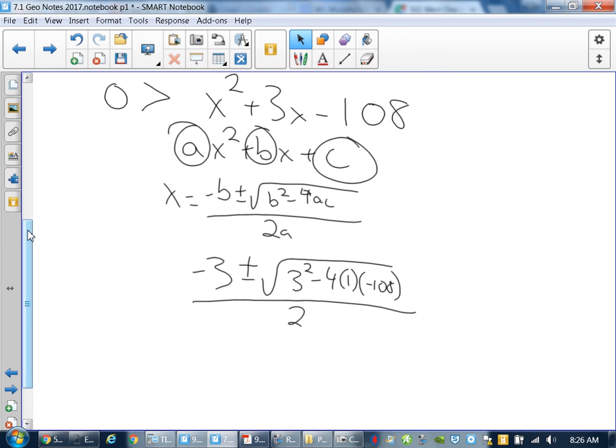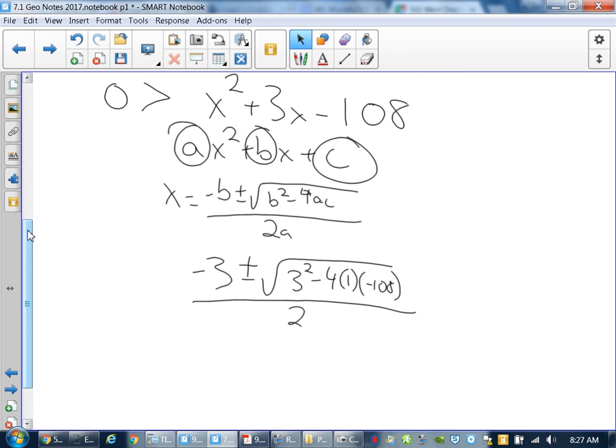Now, I'm pulling coefficients. You all did this last year. You had to do this last year in order to pass algebra. Now, what we need to do here is multiply through what's underneath the radical first. That is called the discriminant. The discriminant is the junk underneath the radical.